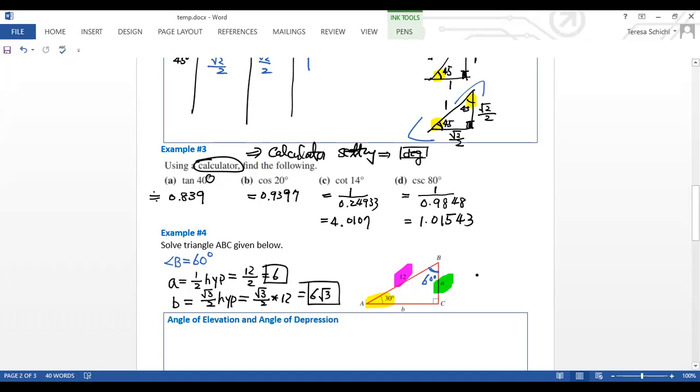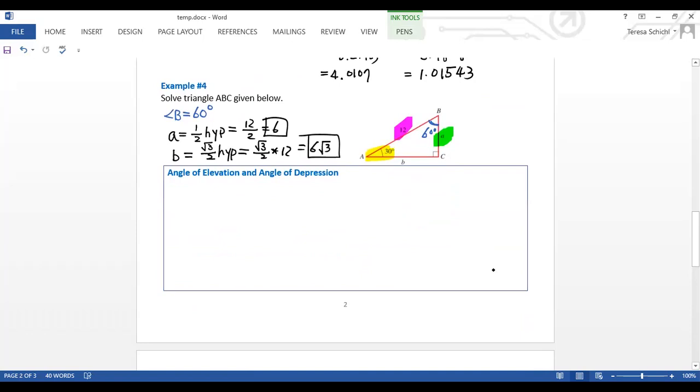Okay, now the next definition is a very important one, and we use it a lot in applications.